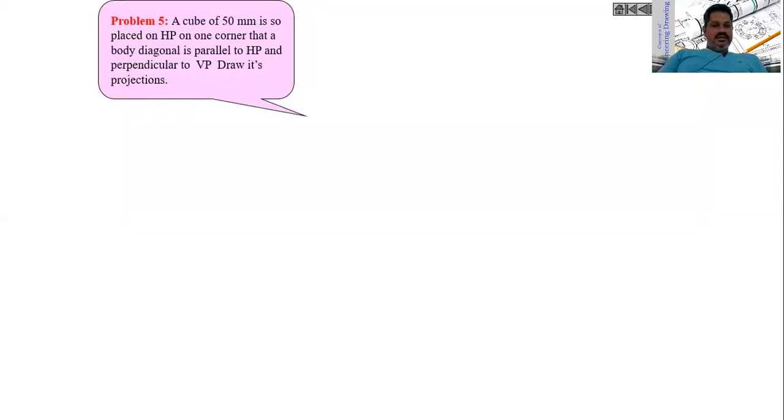As it is very clear in this problem, it is placed on HP. So by placing the cube on HP, draw the front view and top view.